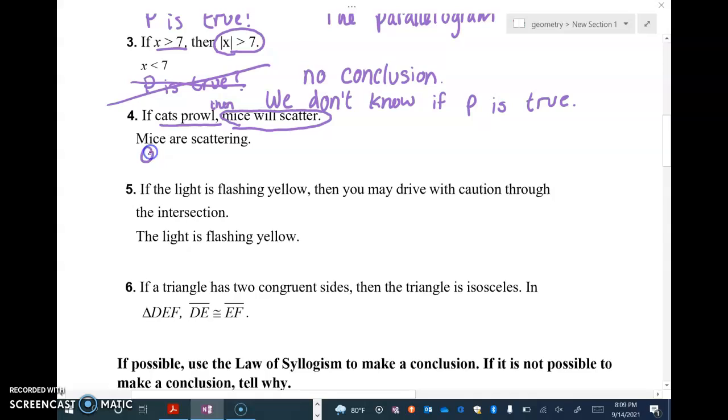So that's Q. Now, if you look at your notes, we know that it has to tell us P is true. This is telling us Q is true. But we can't do anything with that. This is not the law of detachment. We don't know if P is true.